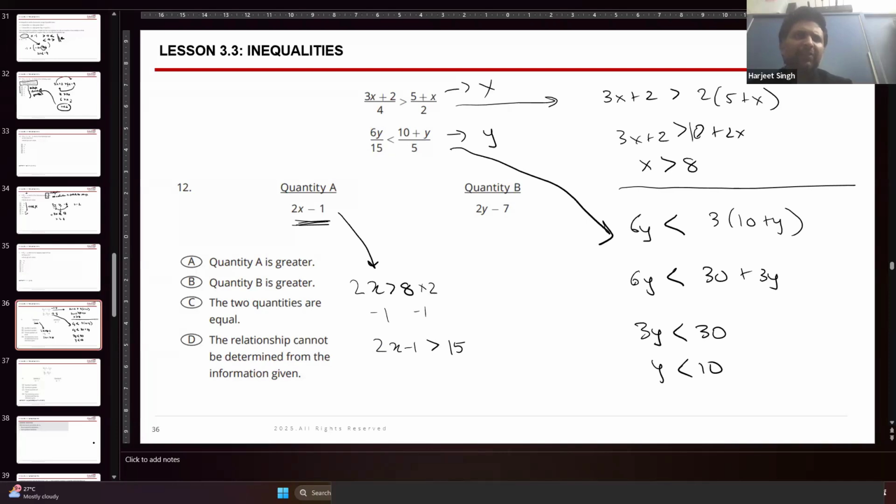Always solve for the expression of A or B. So when we solve for the expression of A, we get 2x minus 1 greater than 15. And if we solve for the expression of B, we know y less than 10. So 2y, can I say, will be less than 20. And 2y minus 7 will be less than 13.